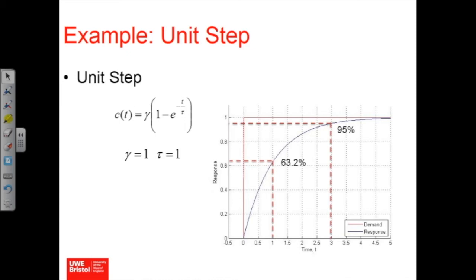The time constant. After one time constant, this output reaches 63% of its final value. Its final value in this case is 1. After 3 time constants, it reaches 95% of its final value.